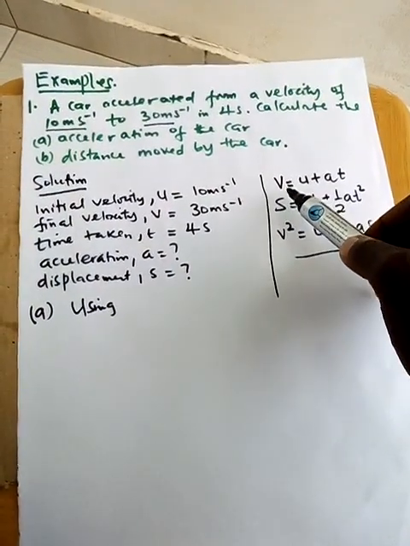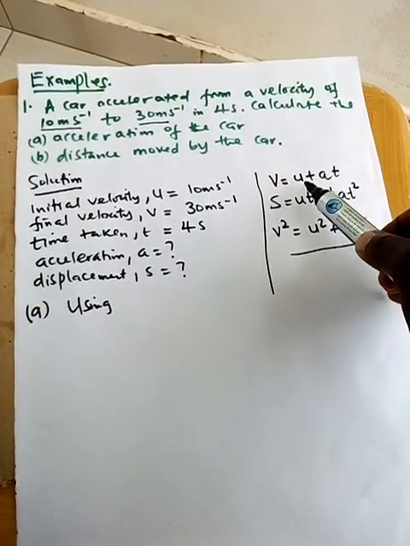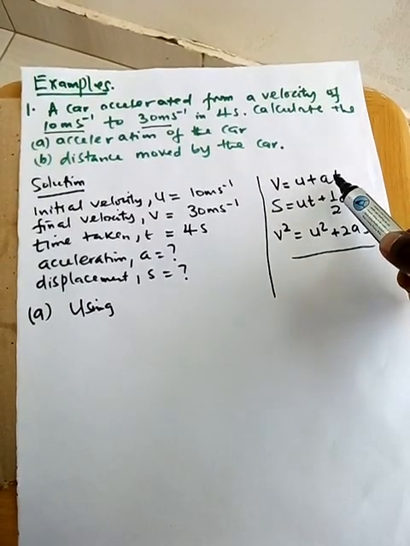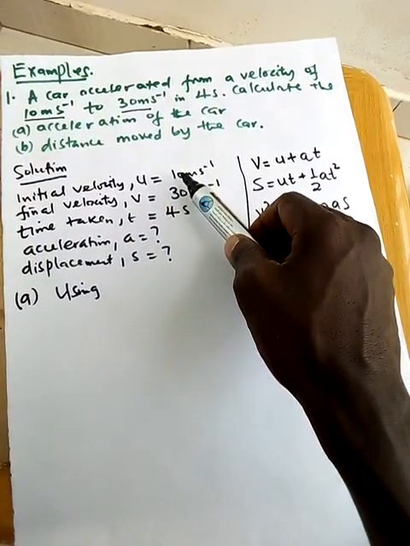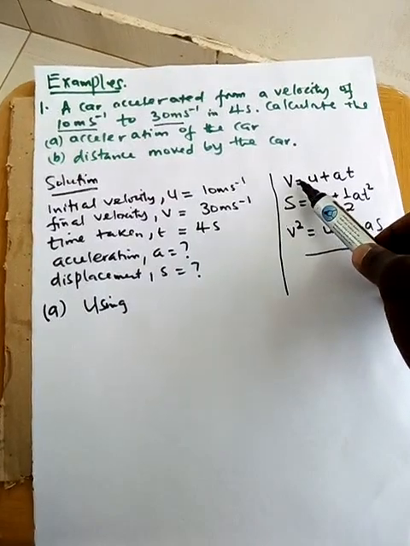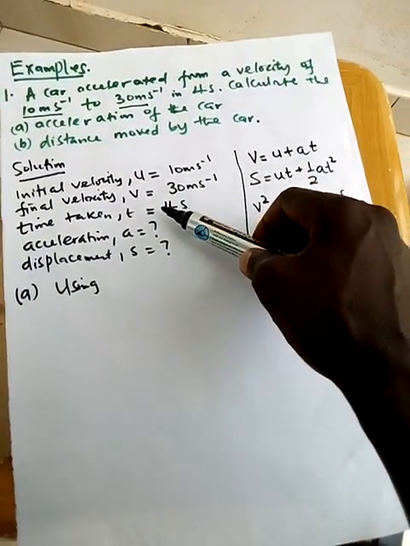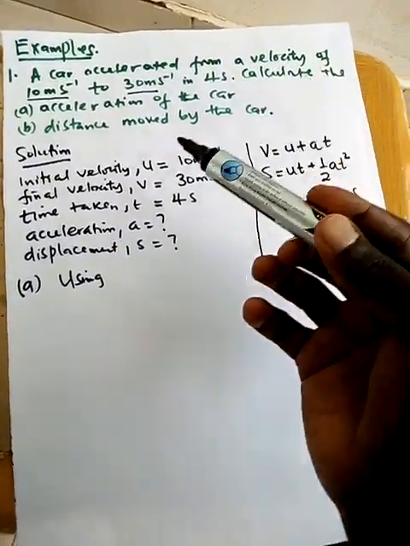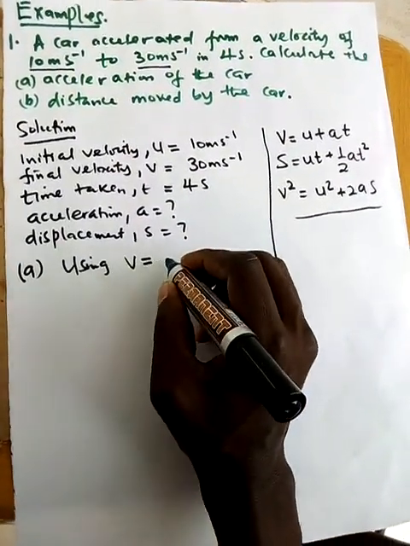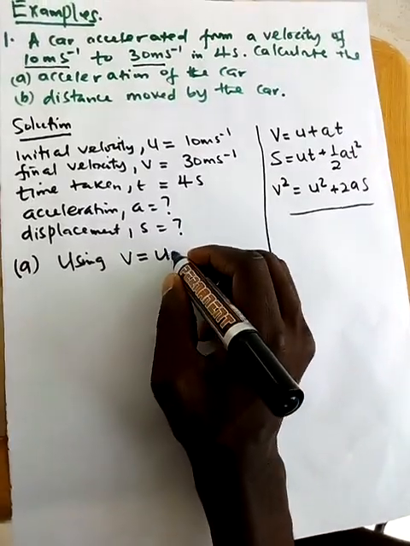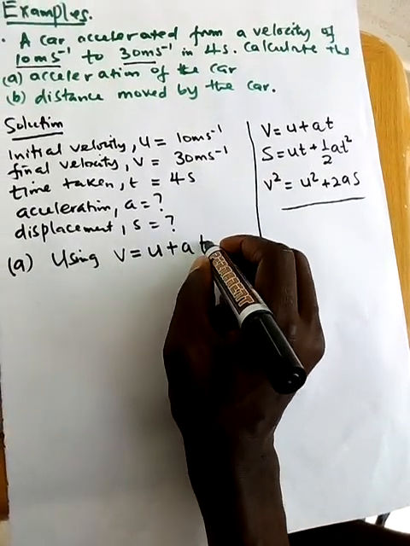That means we now zero our attention to the first equation of motion, where the initial velocity is known, the final velocity is also known, the time is also known, and therefore we can get acceleration A. So we shall say that using V is equal to U plus AT.